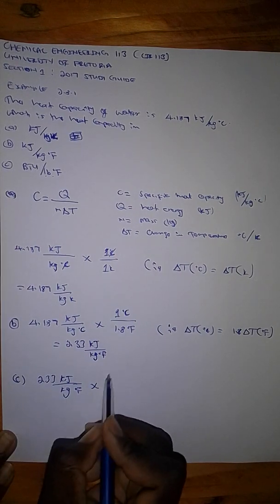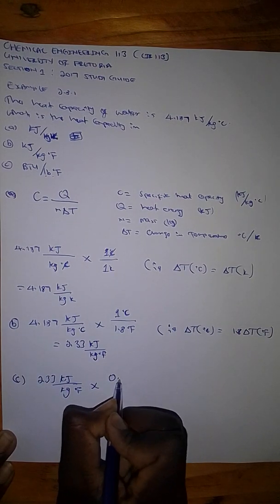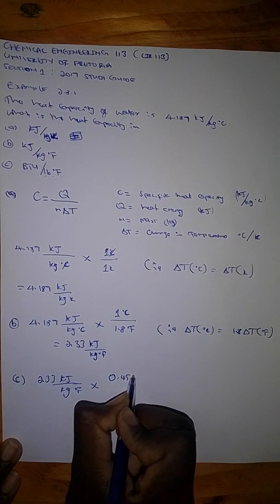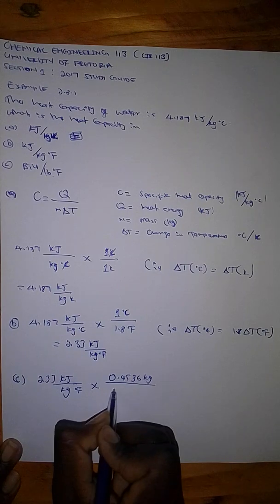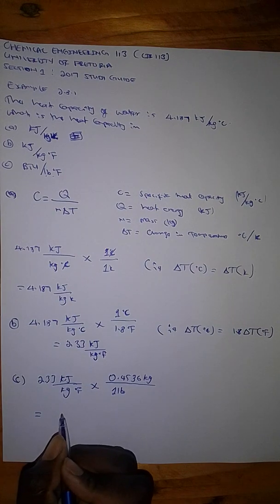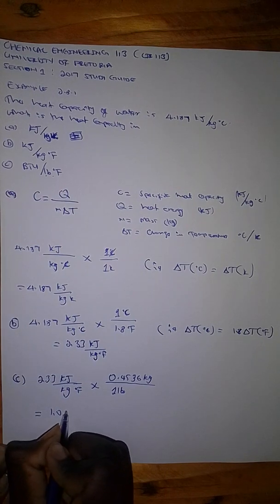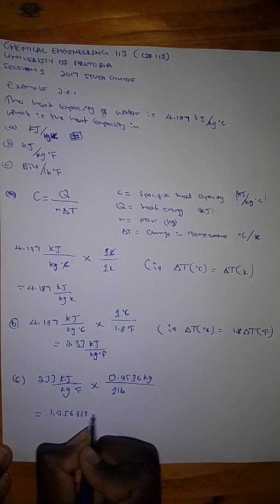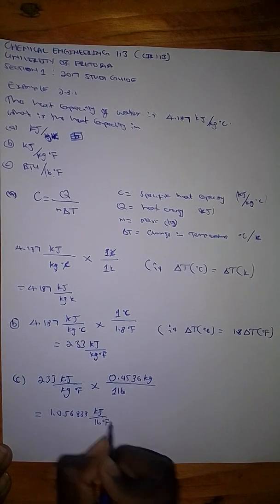So I can say 1 kilogram is equal to 0.4536 kilograms over 1 pound, which is equal to 1.056888 kilograms per pound degrees Fahrenheit.